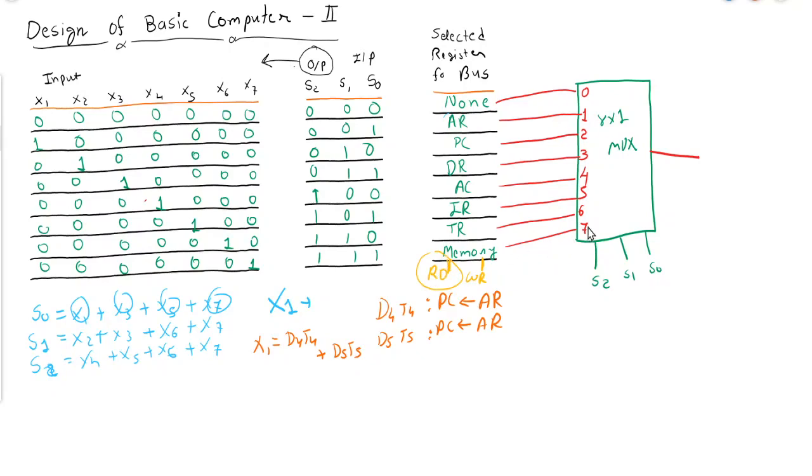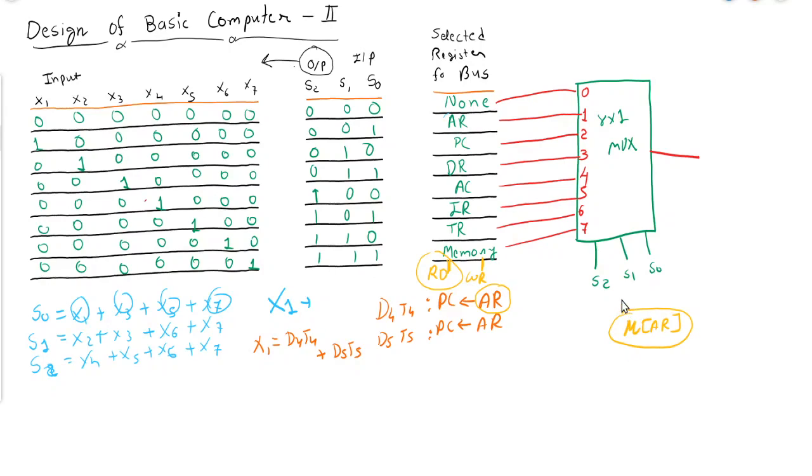So we have to select all the transactions where memory will work as a source. Memory alone cannot provide the data, so we have to use the address register with memory. So M of AR: we will try to find all the transactions, or micro operations, where M of AR will work as a source.